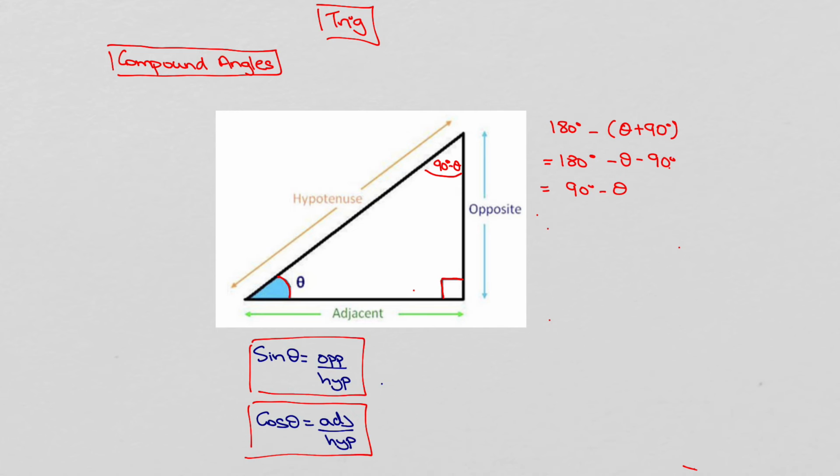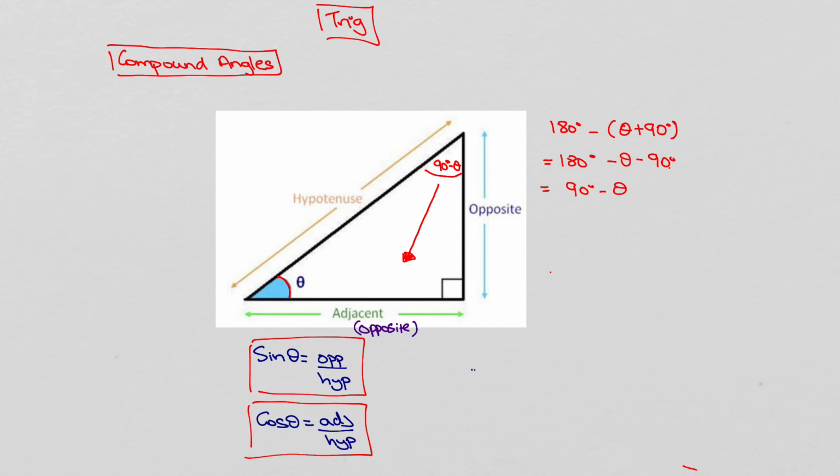If I look specifically at that angle, 90 minus theta, then the side opposite the angle is now the opposite side to the angle 90 minus theta.